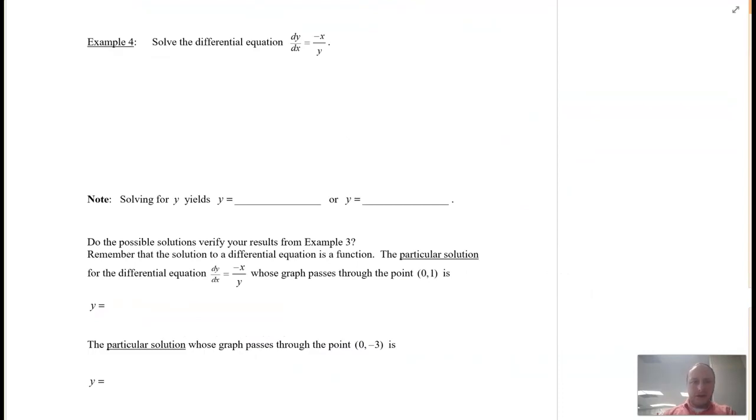Okay, so we're going to do example 4. It says solve the differential dy over dx is equal to negative x over y. So we'll multiply both sides by y, so we get y dy, and multiply both sides by dx, so we have negative x dx, and then we integrate each side.